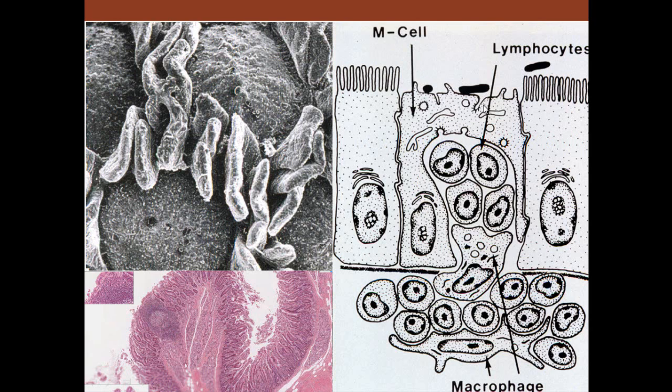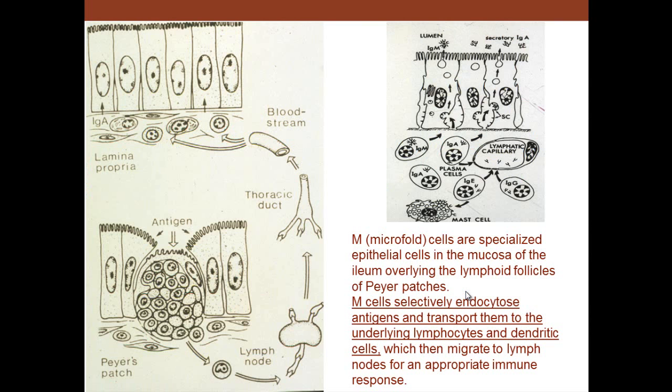These M cells are antigen presenting cells, so they interact with whatever is in the lumen, and they pass it on to the dendritic cells, or macrophages that may be there, which helps to pass the antigens on to the lymphocytes to get the antigen in the vicinity of the reactive lymphocyte.